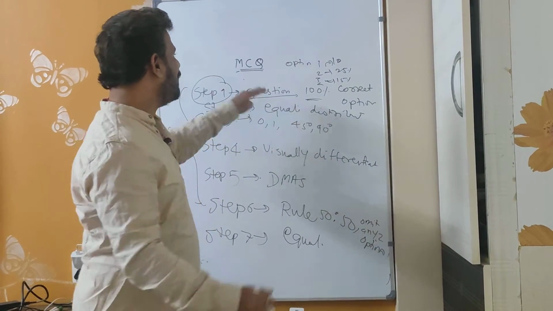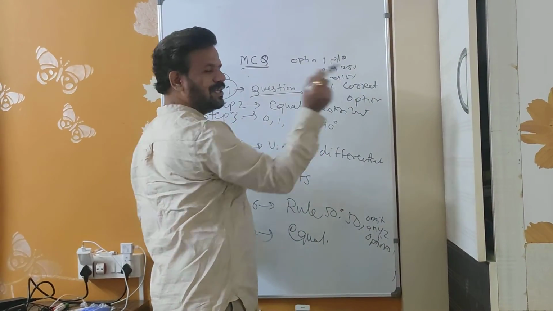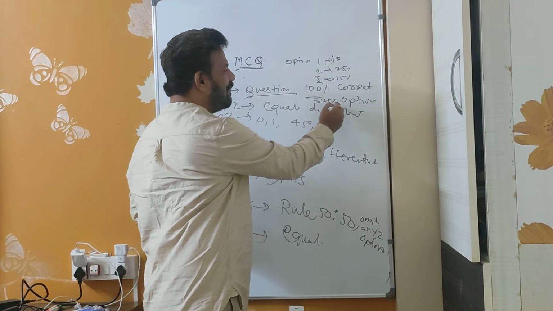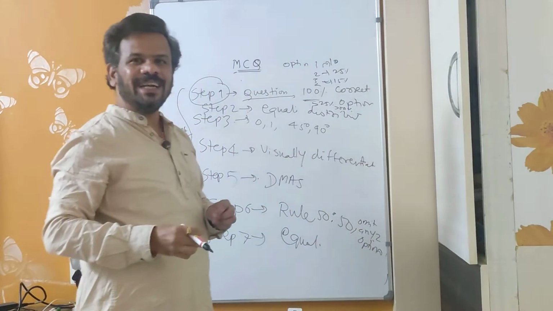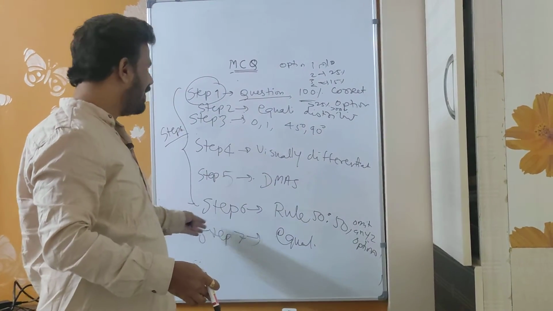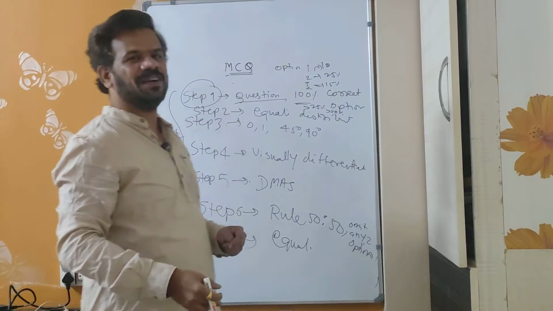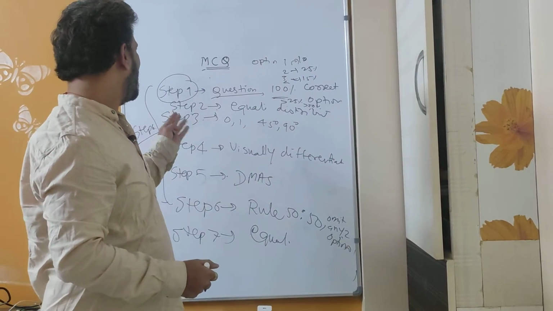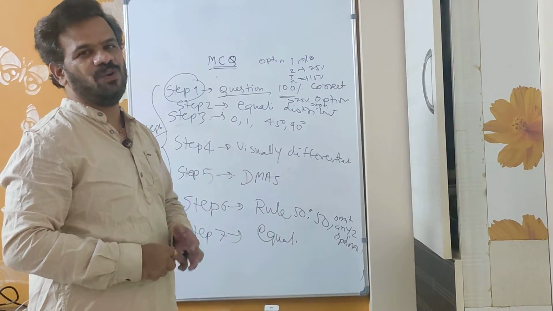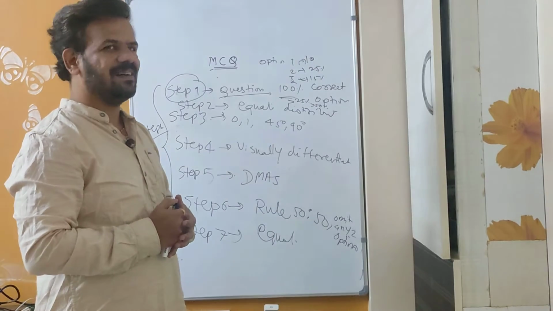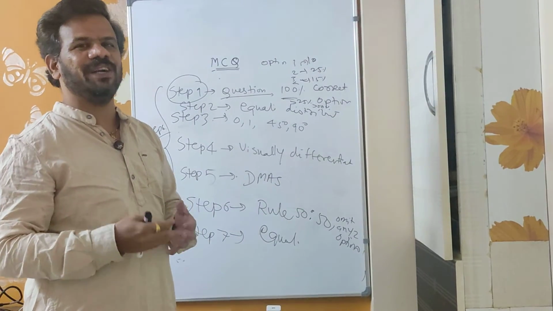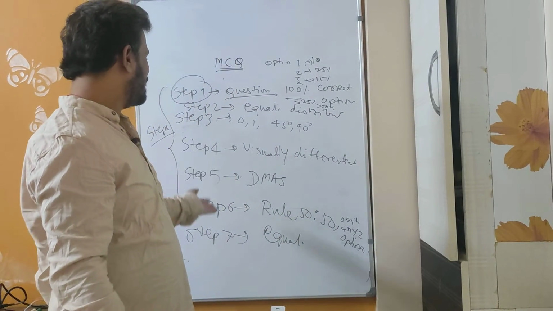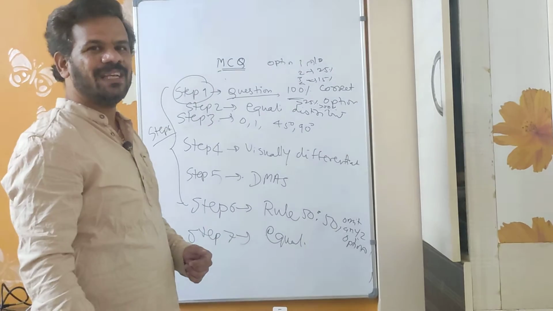And if the probability of 100% correct options you know goes beyond 25%, and then if it reaches 50%, your probability of getting good marks with steps 2 to step 7 is very good. So I hope I came to the end of this session on how to crack MCQ exams, KCET or any other competitive exam, what techniques you can use to get the maximum out of your knowledge.